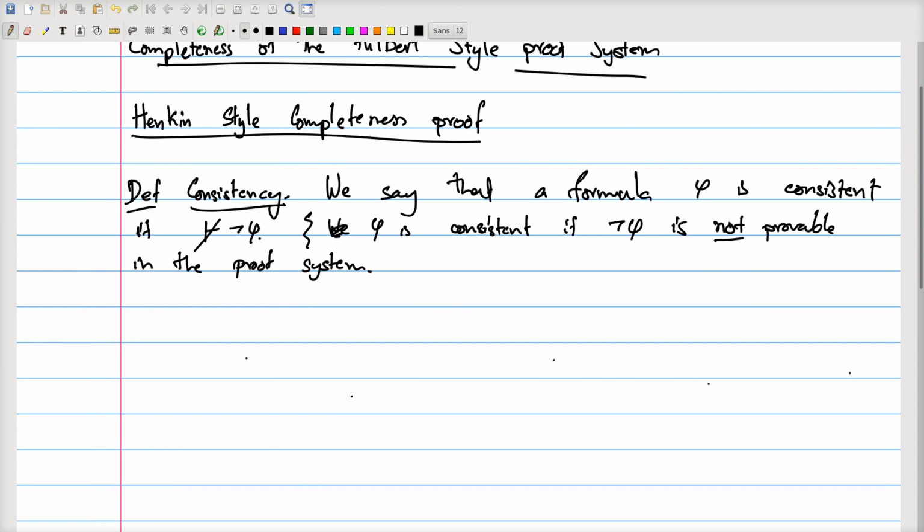So Henkin talks about a property. Okay, let's define the Henkin property of the proof system.